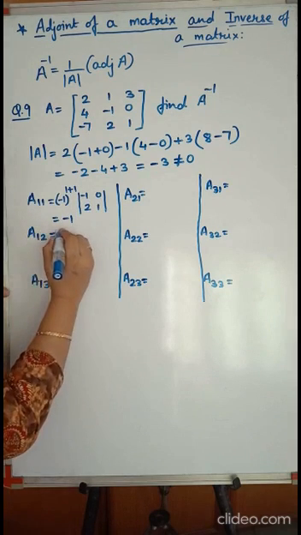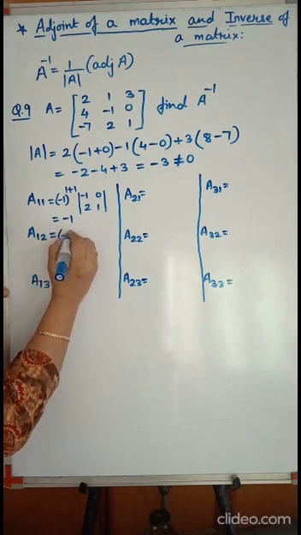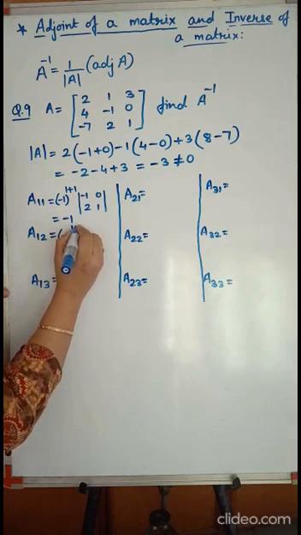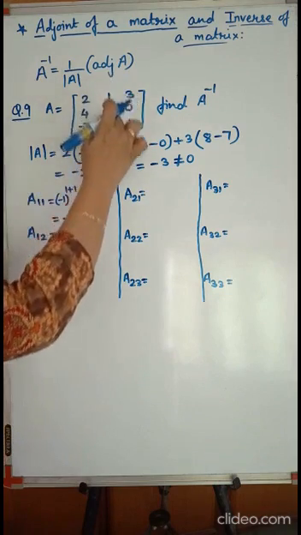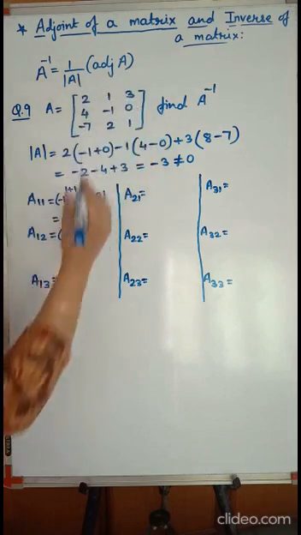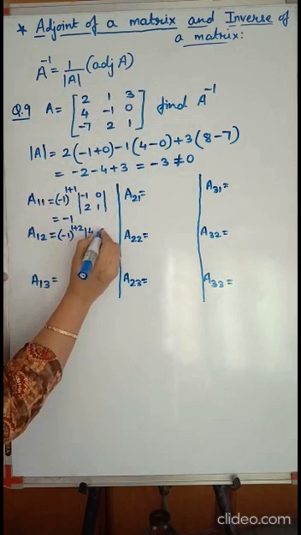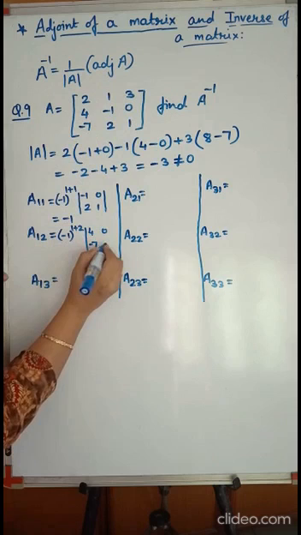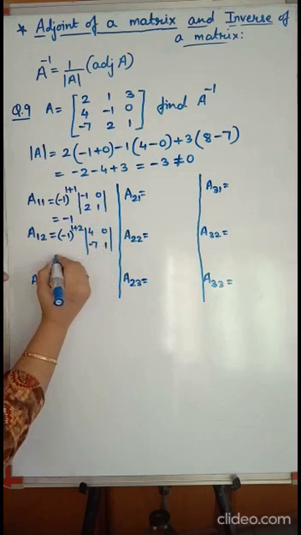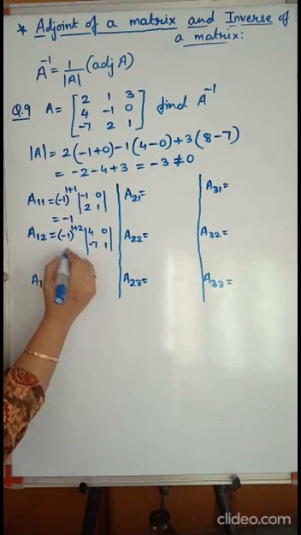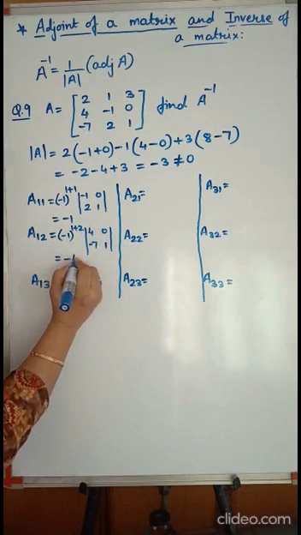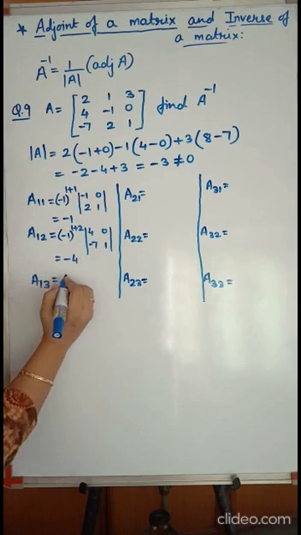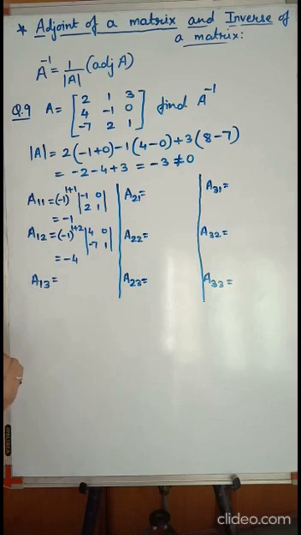Similarly, if I find A12, it's minus 1 to the power 1 plus 2 and 1, 2 means this. So they remove this, I'll get 4, 0, minus 7 and 1. So this is minus 1 to the power 3 is minus and this will be 4. Similarly, A13. Now I am doing directly.